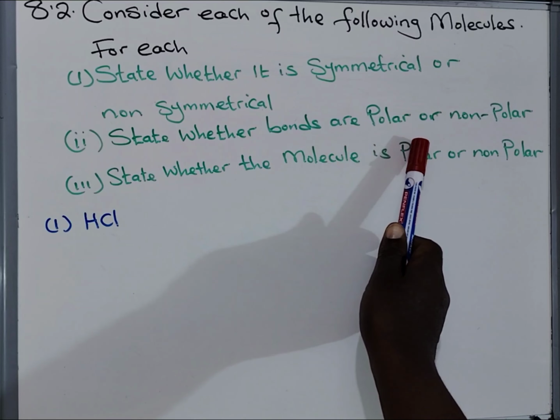That makes the molecule symmetrical. And then we come to the bonds. Are they polar? Yes, definitely they are. We have carbon different from oxygen, so the bonds are polar. We need to know that because the molecule is symmetrical, having polar bonds does not make it polar.